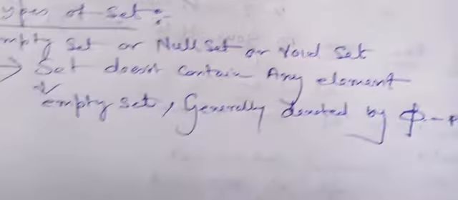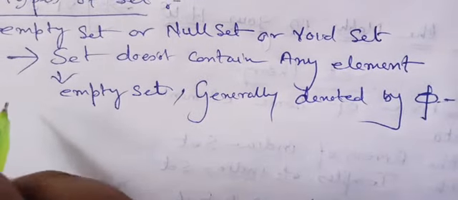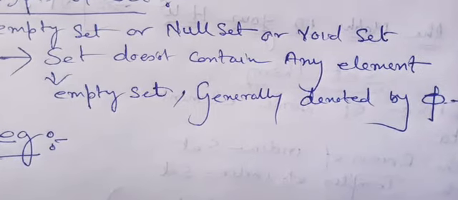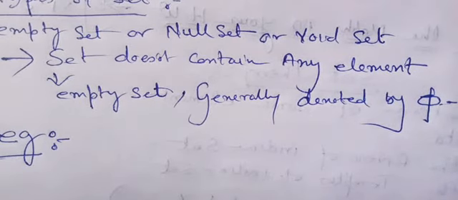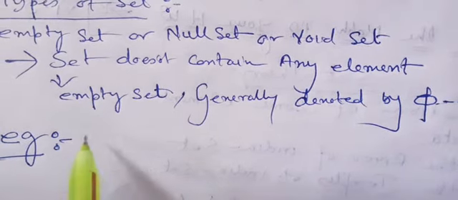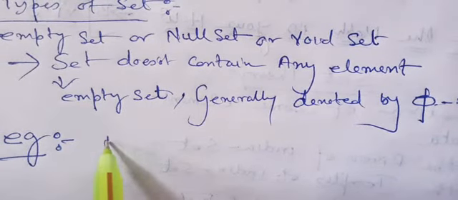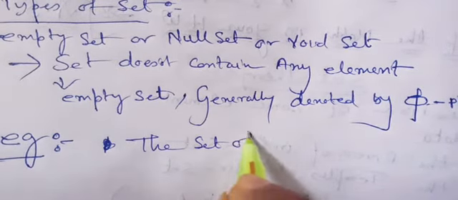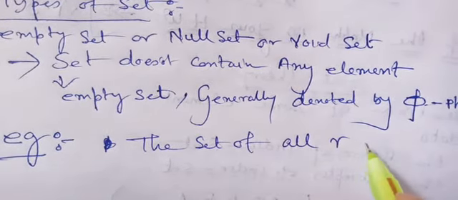Now let us take some examples so that you can understand. Suppose the set of all real numbers whose square is -1.